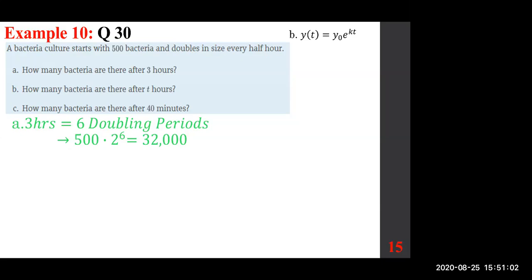Where y of t is the size at any given time, y sub 0 is the initial value, and k is the rate of growth, which means now with the doubling time, y sub 0 becomes 2 times y sub 0. In other words, I don't even need to have 500. I just know that in 30 minutes, which means 1/2 of an hour.